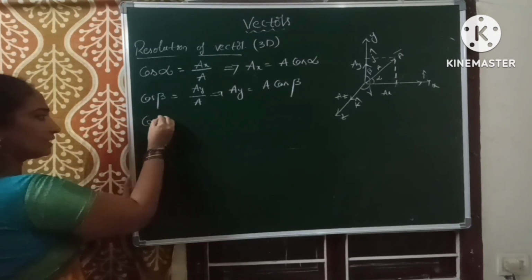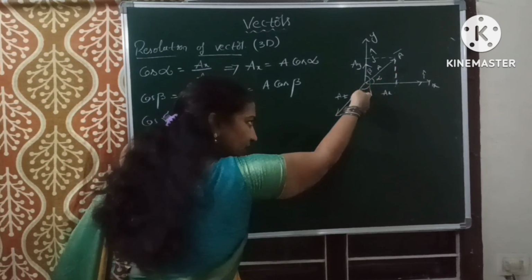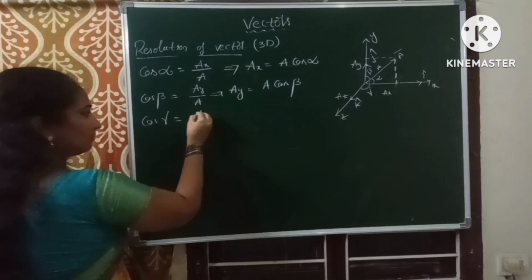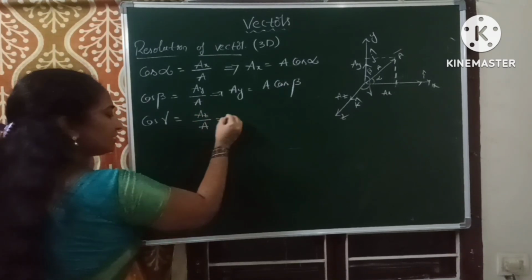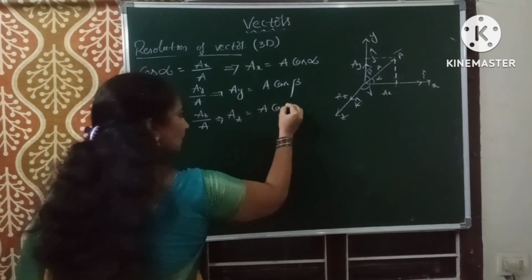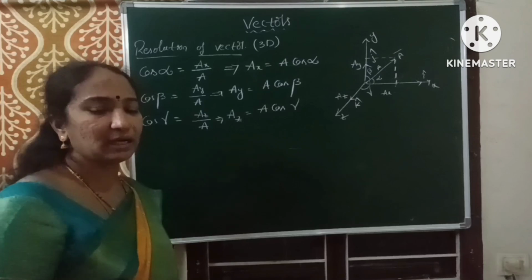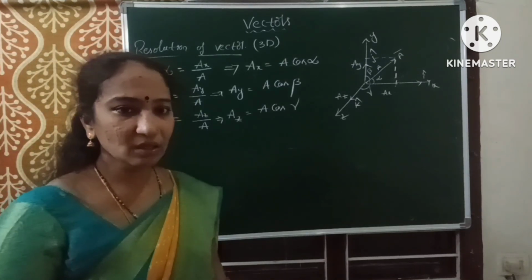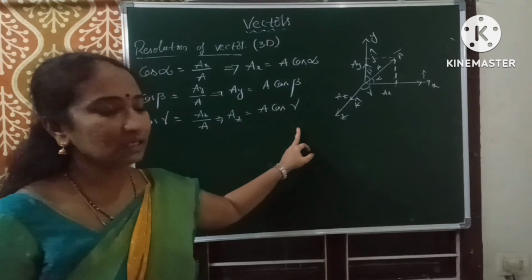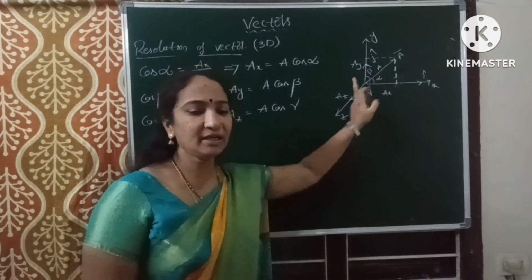Similarly you can write cos gamma, means the same vector a bar makes some angle with the z-axis. Here what does it become? az by a, which is equal, that implies az is equal to a cos gamma. Here cos alpha, cos beta, cos gamma are called direction cosines. Alpha, beta, gamma are called angles made by a with x, y and z axis.